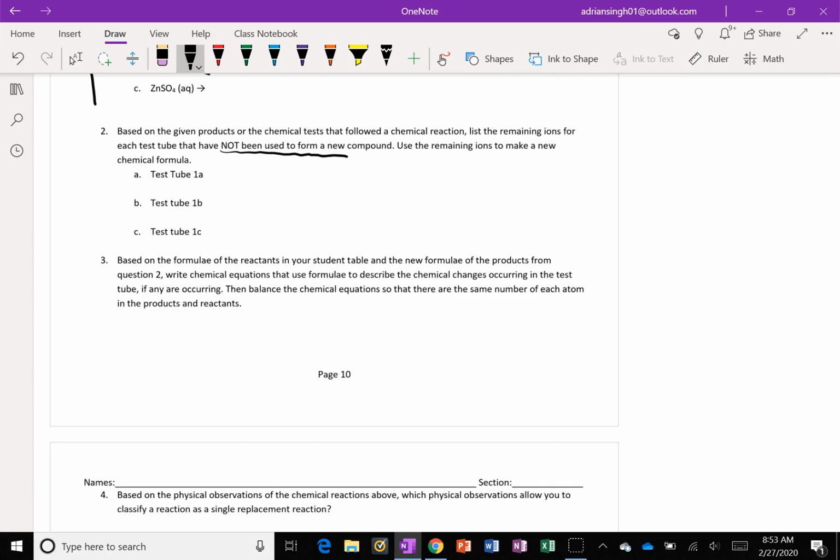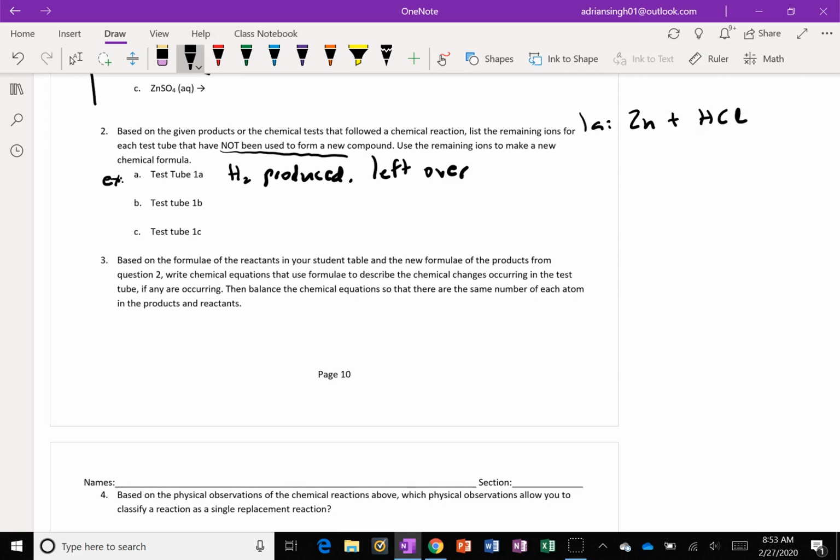So for example, in test tube 1A, that's the one where we saw that hydrogen was produced, and what's left over would be the other components from the reactant. So in test tube 1A, we had our zinc reacting with our HCl.